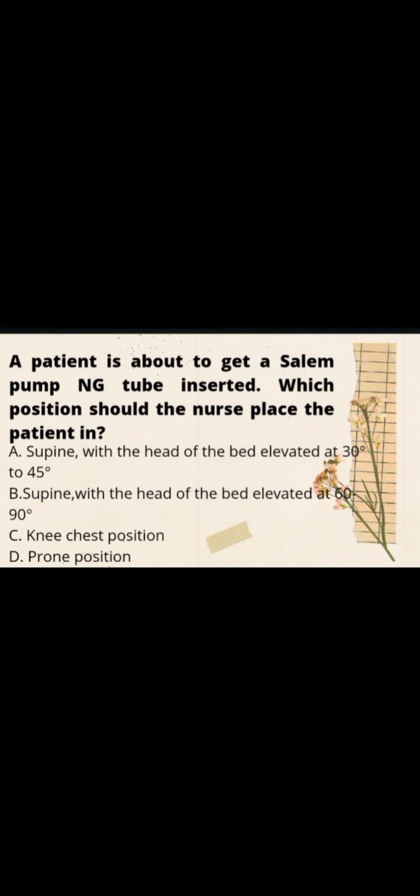An elevation of 30 to 45 degrees is not enough to facilitate the movement of the tube down the GI tract. Choice C is incorrect because a knee chest position does not facilitate the movement of the tube down to the GI tract. Choice D is incorrect because the prone position does not facilitate the insertion of the NGT.